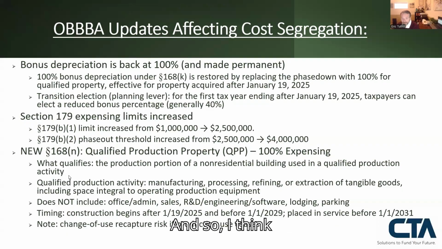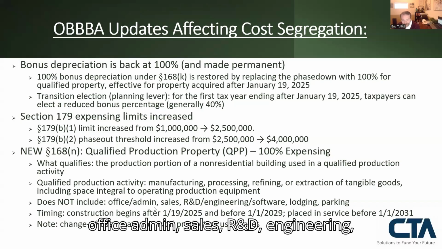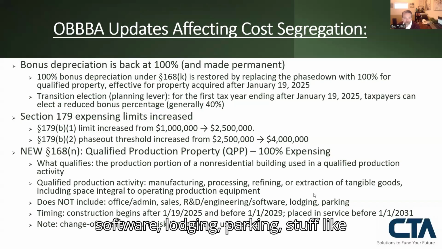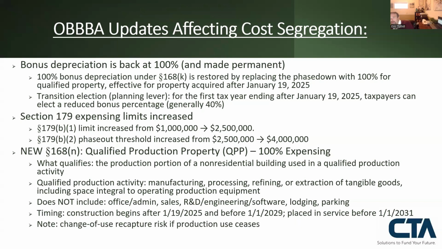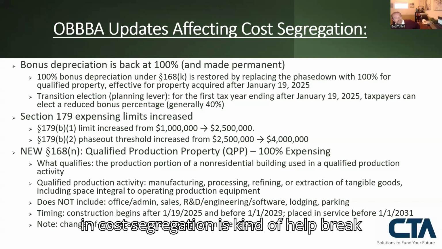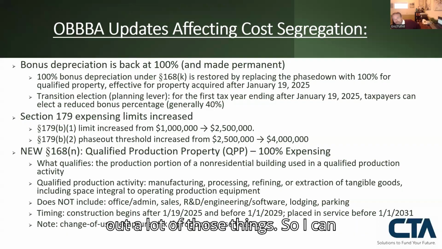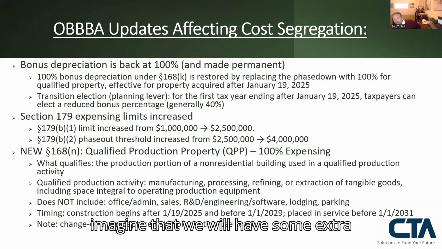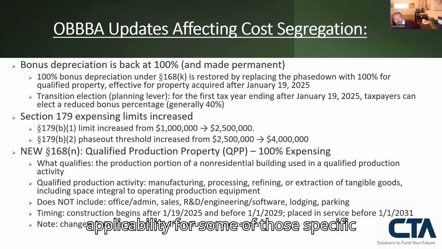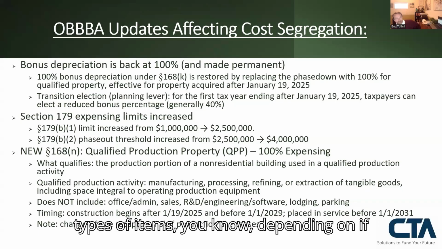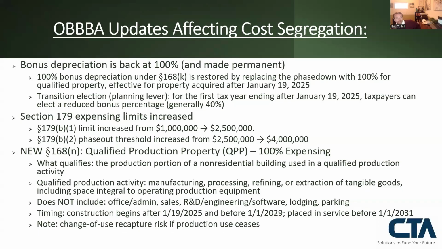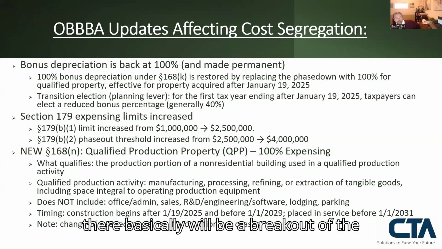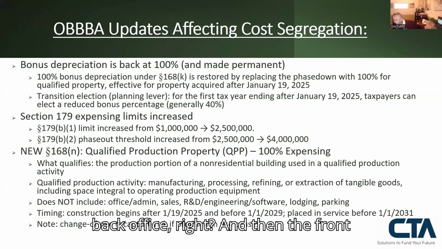And so I think the one thing it doesn't include is office admin, sales, R&D, engineering, software, lodging, parking, stuff like that. And part of what we do in cost segregation is help break out a lot of those things. So I can imagine that we will have some extra applicability for some of those specific types of items. If there's manufacturing, there basically will be a breakout of the back office, right?